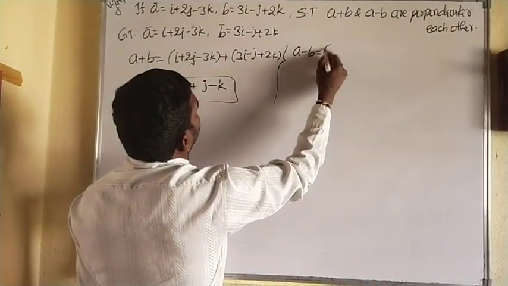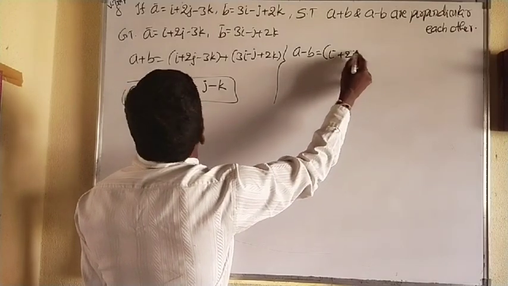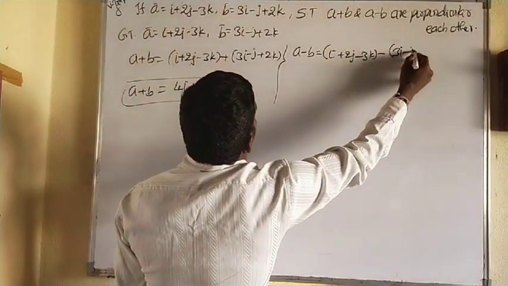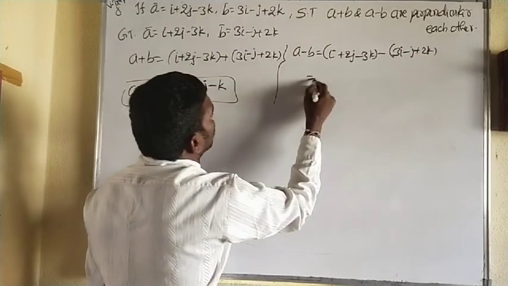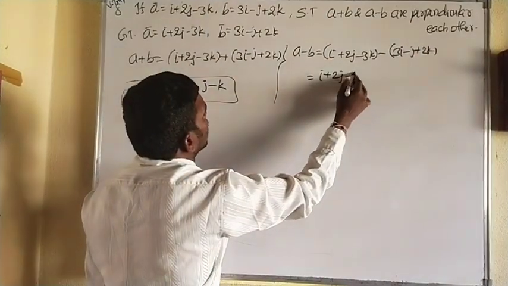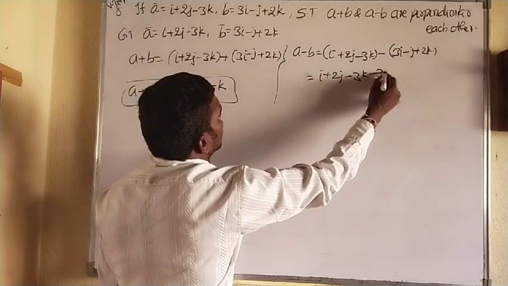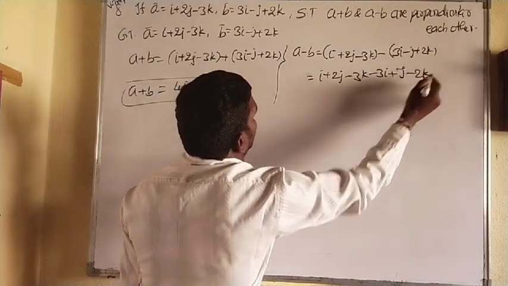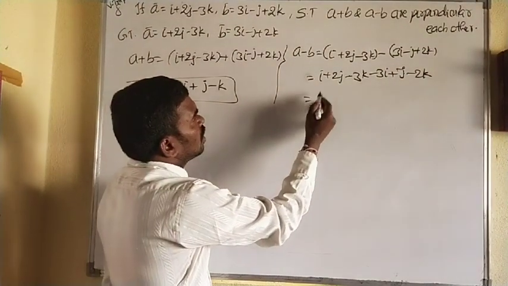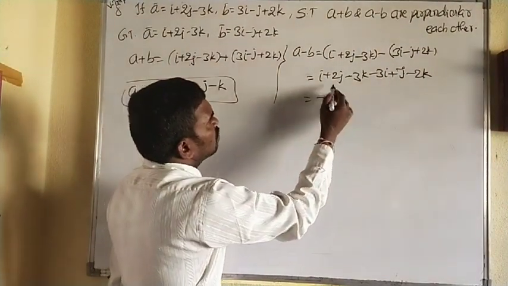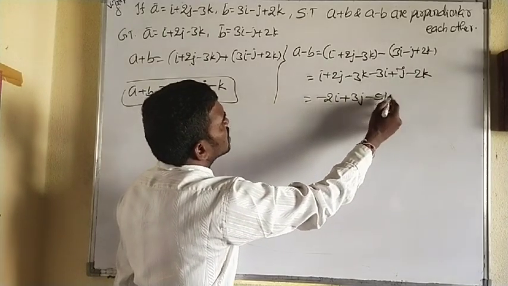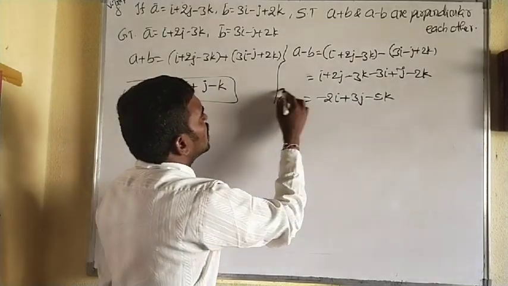First a, i plus 2j minus 3k, minus b, 3i minus j plus 2k. I am writing one more step here: i plus 2j minus 3k minus 3i plus j minus 2k. Am I right? Now i minus 3i is minus 2i, plus 2j plus j is plus 3j, minus 3k minus 2k is minus 5k. So I got a minus b also.